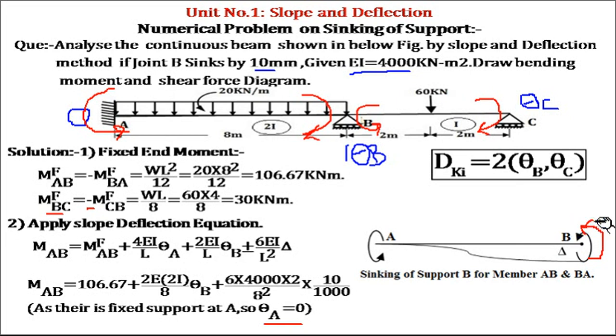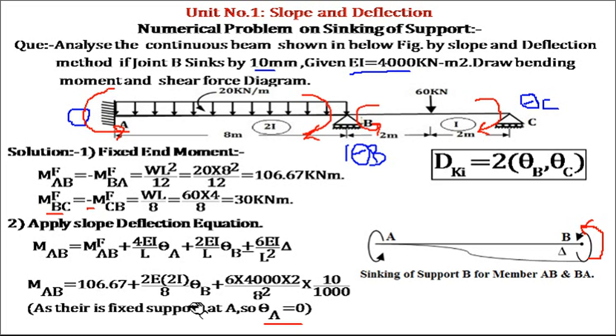And at the far end, it will also act in the same direction. Now if you see here, the fixed moment in member AB is 106.67.